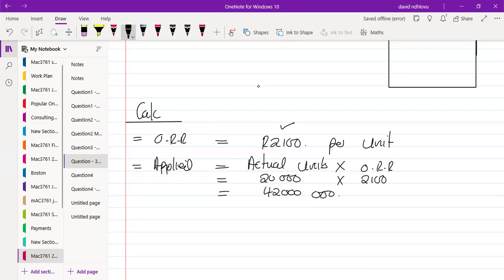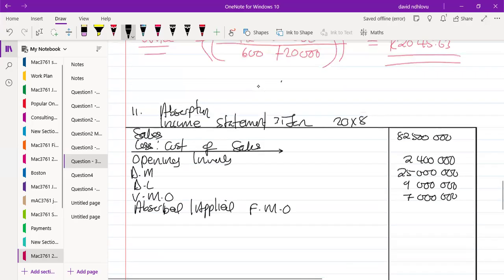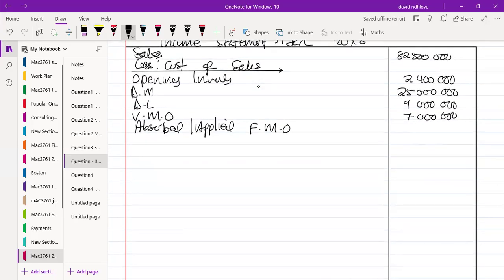So before the end of the year, in our system, we will be sitting on 42 million in terms of the fixed manufacturing overhead costs. What we'll then do at the end of the year, once we have the correct figures of the actual cost that was incurred during the year, is adjust our figures. But that adjustment is done after calculating the value of inventory.